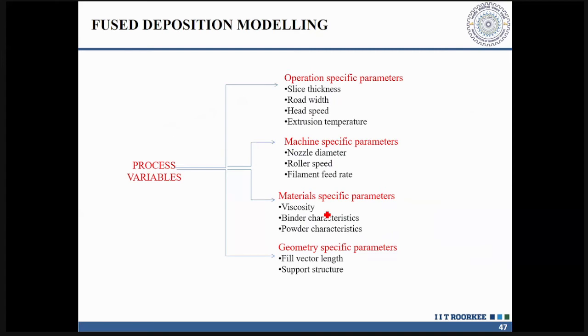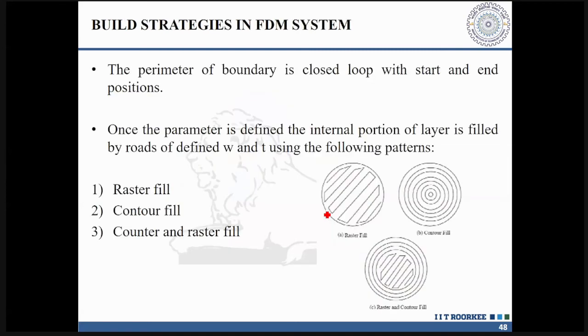It is never so that in a single go you will get a product that has 100% infill, a 100% dense part, no porosity, nothing. These parameters have to be optimized depending upon the design. So there are different ways of filling up the product.